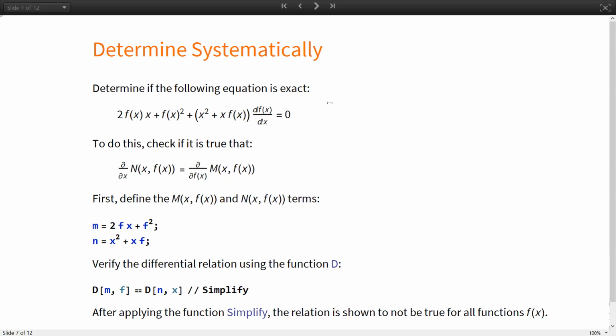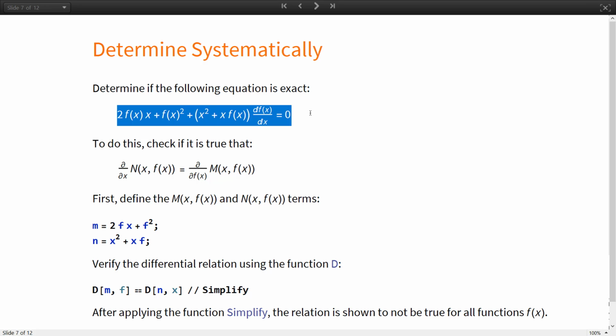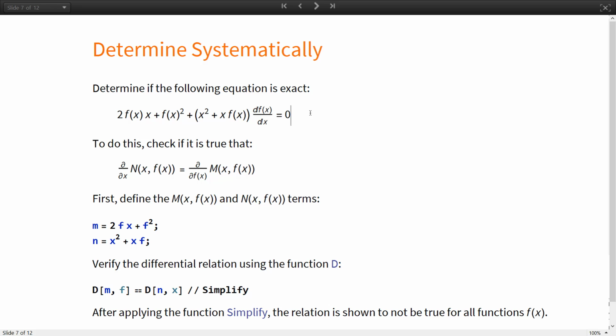Let's determine if this differential equation is exact. To determine if a differential equation is exact, the differential relation we derived earlier between n and m must be satisfied. To check if this relation is satisfied, first define the m and the n functions.